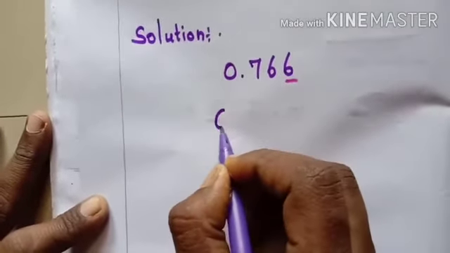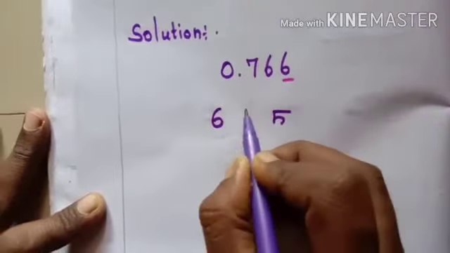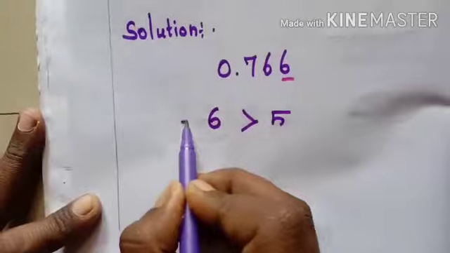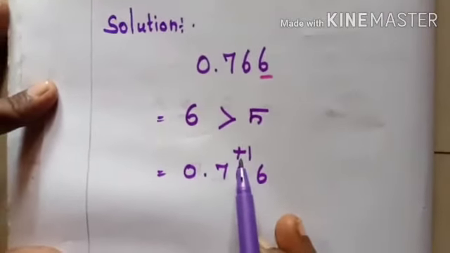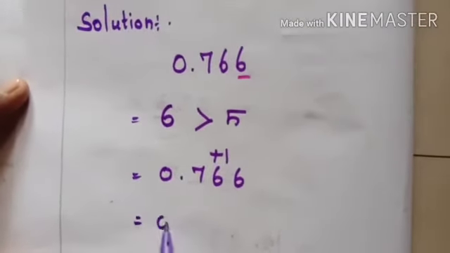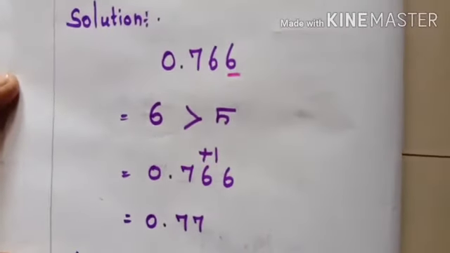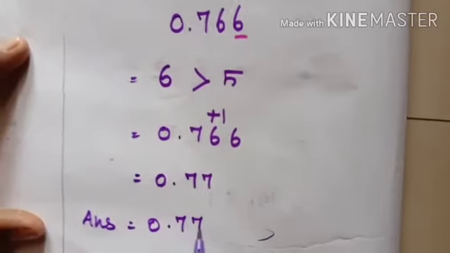We compare the number 6 with 5. Here 6 is greater than 5. So we have to add 1 in the 100th place. So the answer is 0.77. So we have to write the answer 0.77.